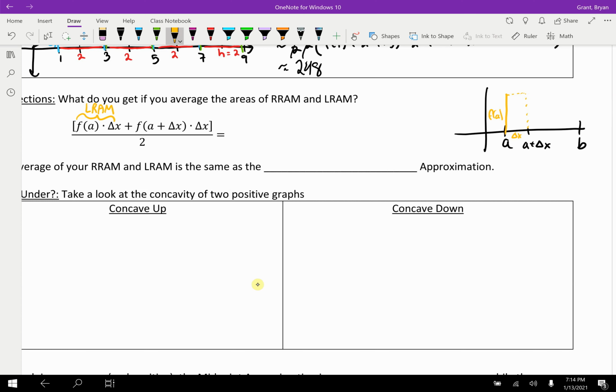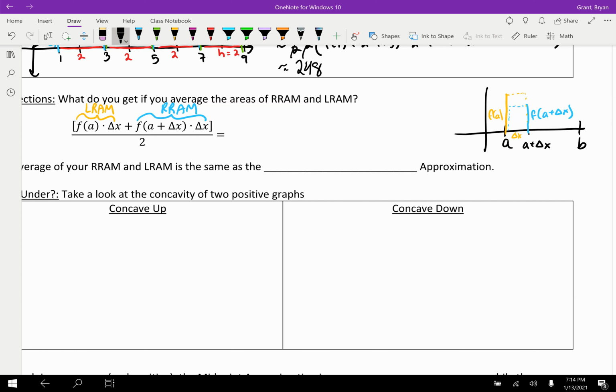Okay, and then, so let's say that maybe that one over approximates. And then you also have a graph that you start on the right, and maybe the right one looks like this. Well, this one again has a base of delta x, but now the height is found by substituting a plus delta x. And so this rectangle, with probably a different area, is a right rectangular approximation method. To average 2 things together, you add them together and divide by 2.